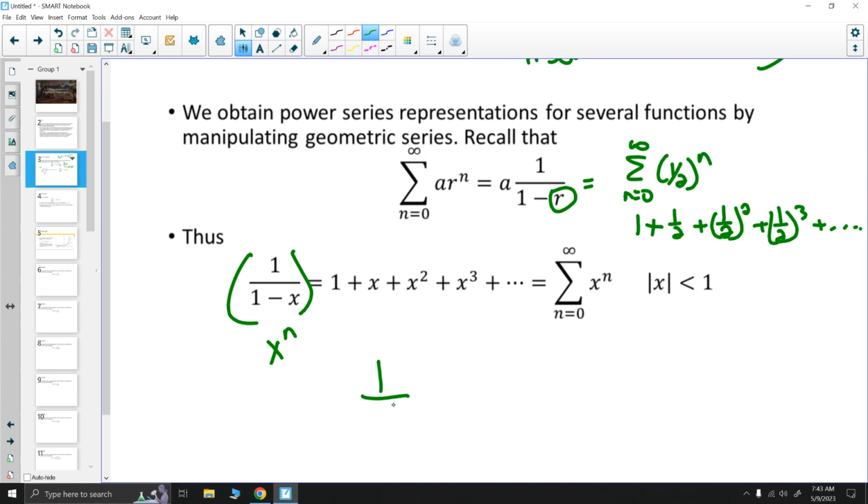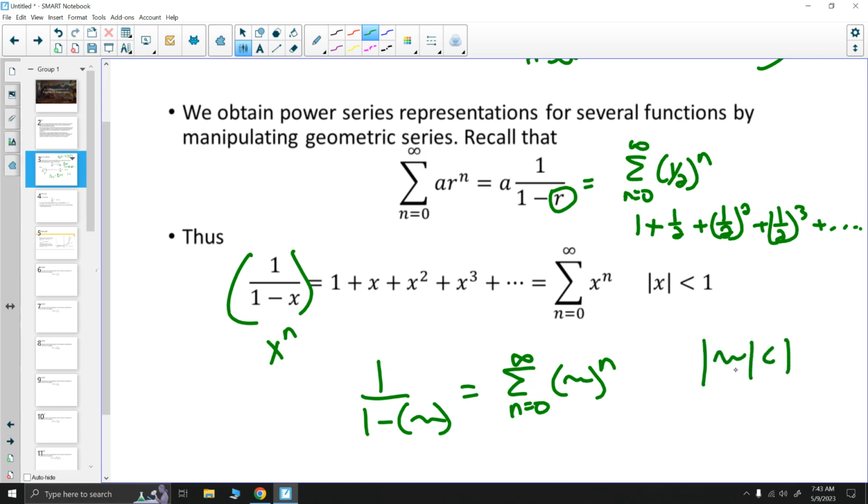So if we have 1 over 1 minus anything, doesn't matter what that anything is, this will be the sum, n equals 0 to infinity, of that anything to the n, so long as the absolute value of anything is less than 1, whatever that anything is. Again, anything we want it to be. If we can force our function into this form, then we can write it as a sum. Is that easy? Well, it's easier said than done sometimes.